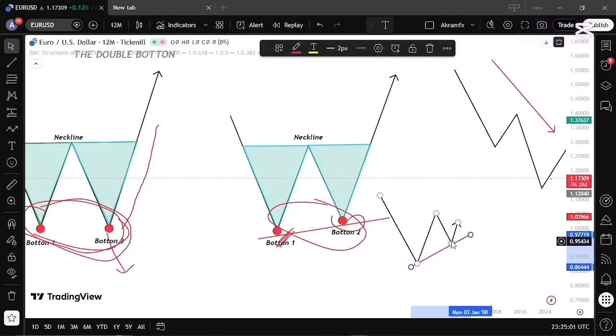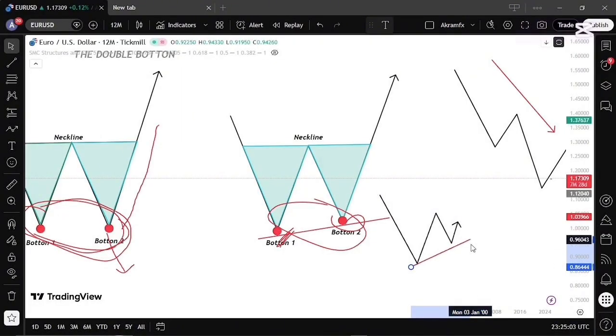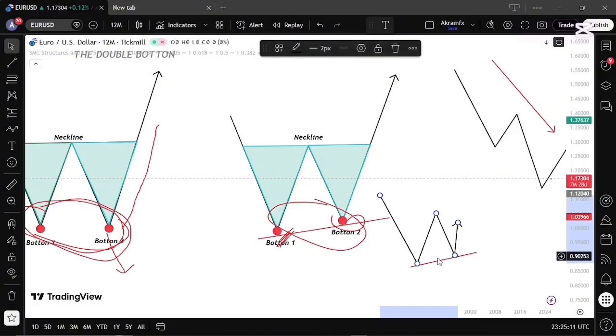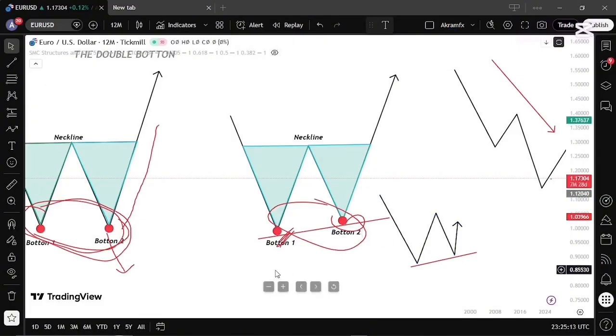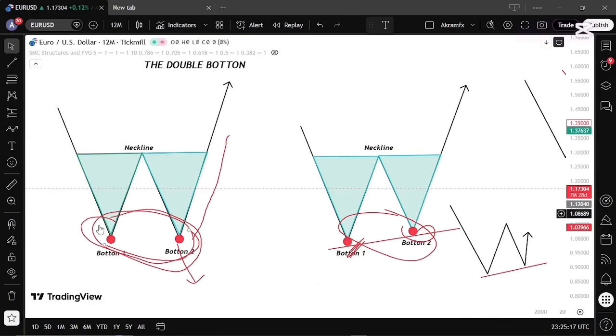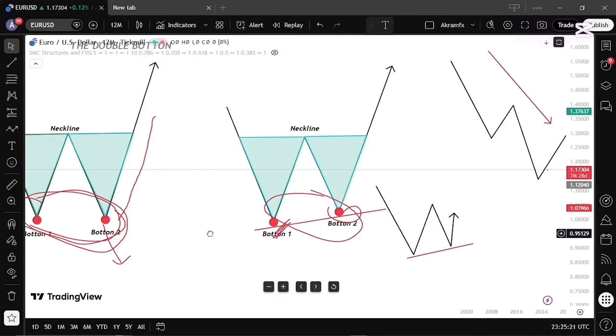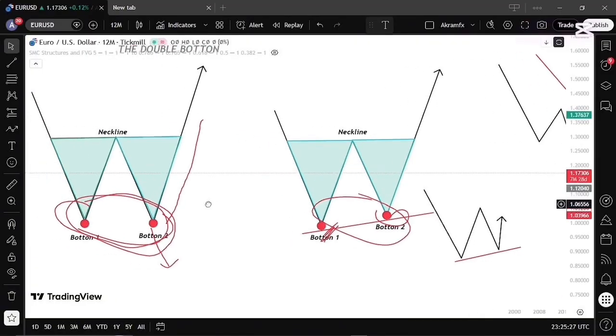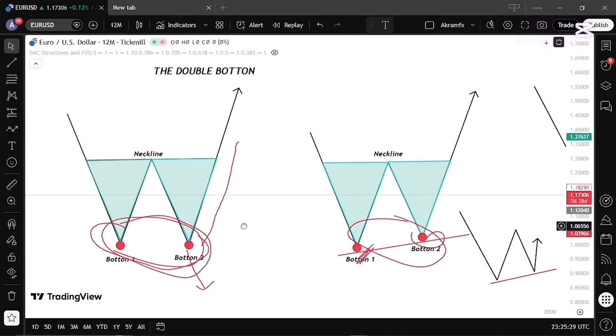No, it should be just very slightly higher, so that we confirm this. So when the bottoms are at the same level, and when the second bottom is slightly higher than the first one, these are all valid double bottom patterns.